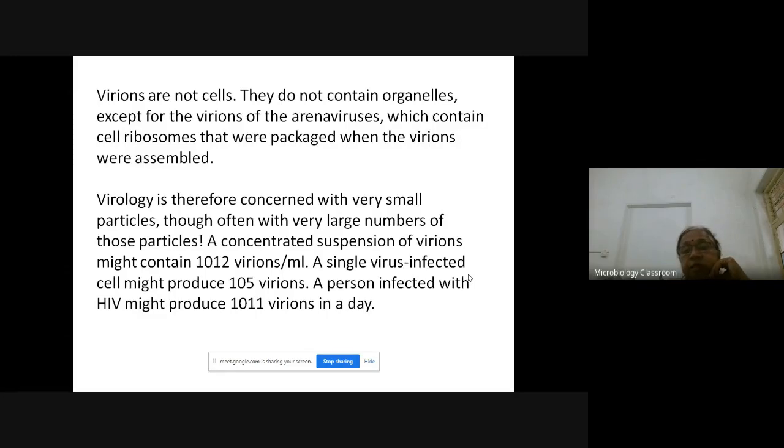That is, the cell is either burst, or in the case of animal viruses, which are enveloped viruses, they just pinch out of the cells, taking the envelope of the cells also.